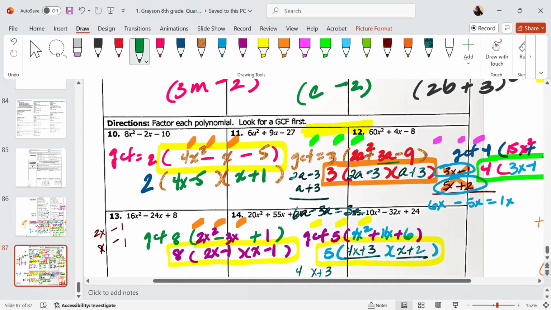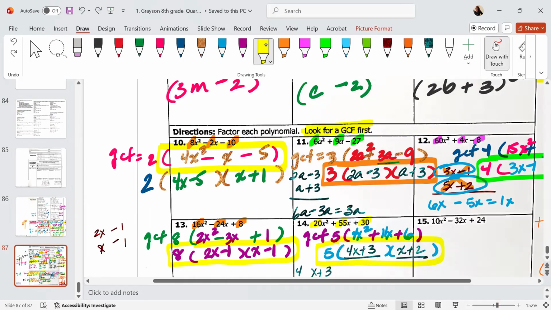So number 15. 10, 32, 24. I think 2 will be it. So then I have a negative and a positive. 5x squared minus 16x plus 12, right? Yes. Okay. 5 times 12 is 60. That's a large number, right? 5 and 12.